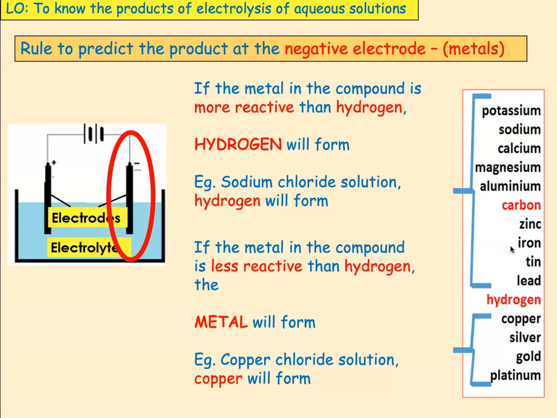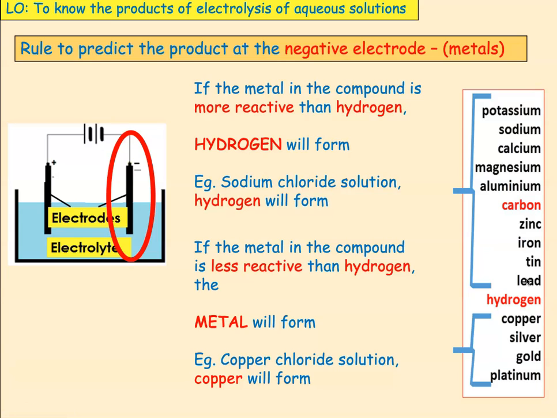So if we recall, the rule to predict the product at the negative electrode, the metals, goes like this. If the metal in the compound, like sodium chloride, is more reactive than hydrogen, so hydrogen is in red there, in the reactivity series, so any of these here, ignore carbon because it's not a metal, then hydrogen is the easiest element to be made at the electrode.